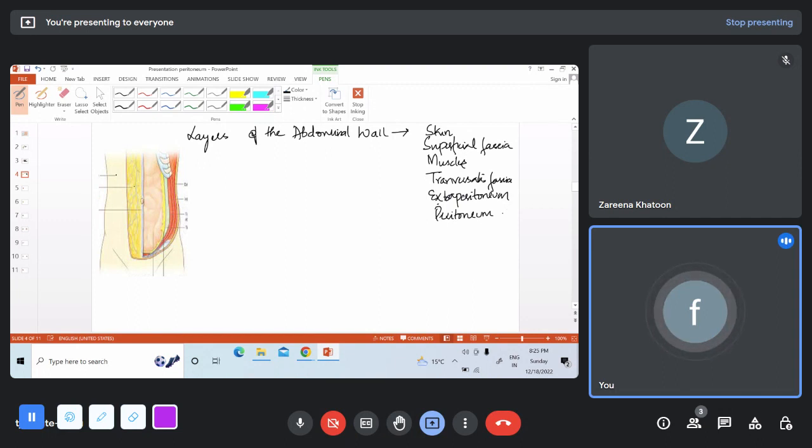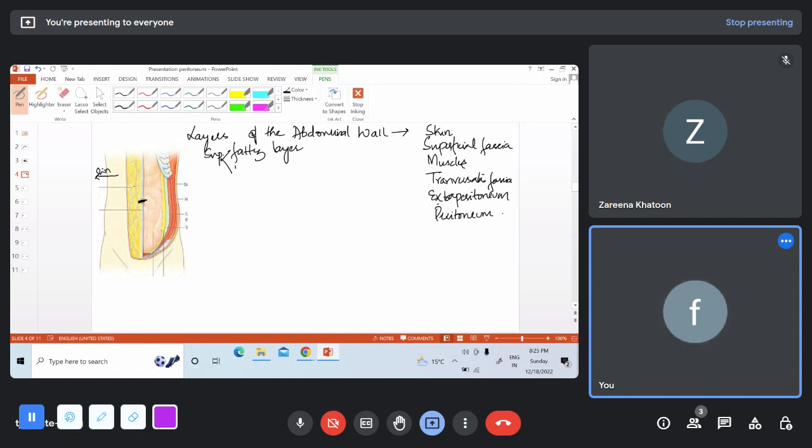See, you can see this is the skin. All right. This is the superficial fascia. Superficial fascia of the abdomen is divided into two layers below the level of the umbilicus. All right. Superficial fatty layer. All right.